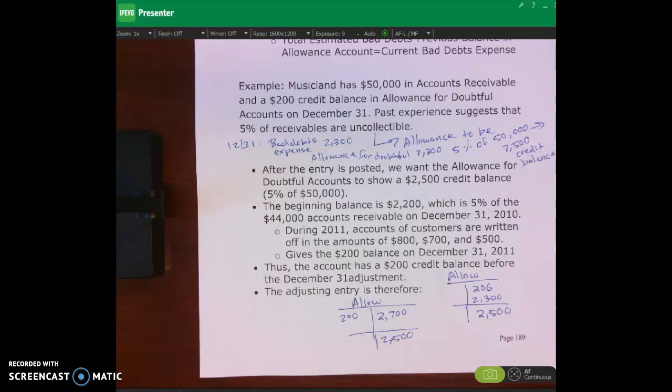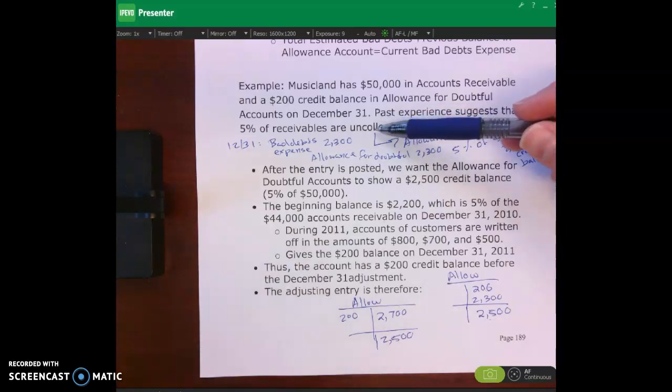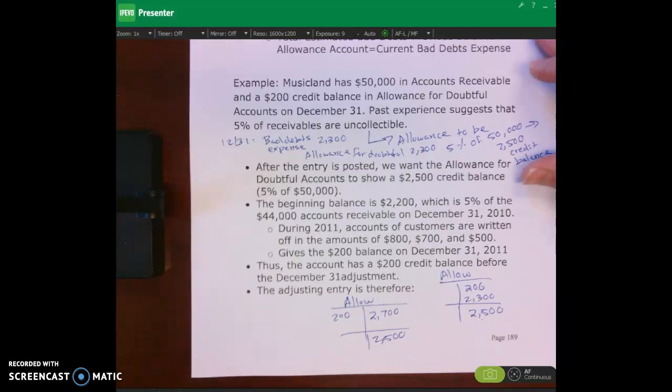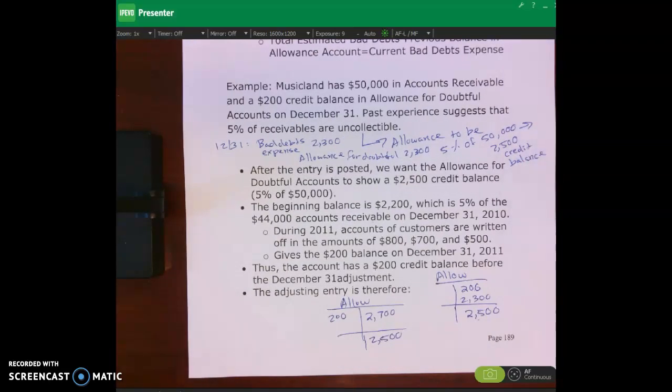All right. So now let's talk about a variant of the percent of receivables method. Okay? Because what we're saying right over here is that overall, 5% of our receivables are uncollectible. But there's no attempt to go through and say, well, the ones that are past due by 30 days are 2% uncollectible, and those ones that are 6 months that we haven't collected on, well, maybe that's more like 10 to 20% that we're not going to collect.